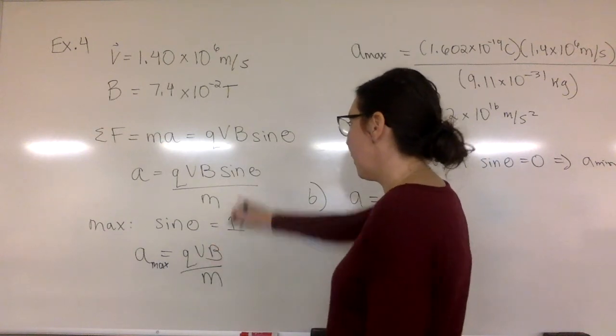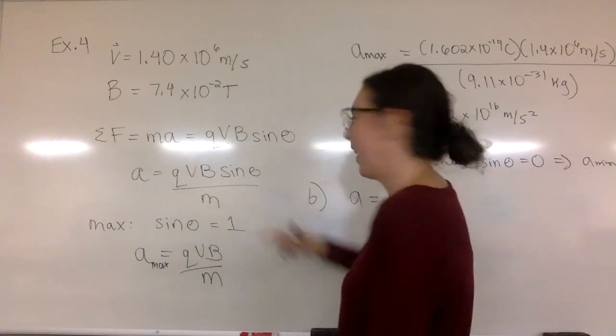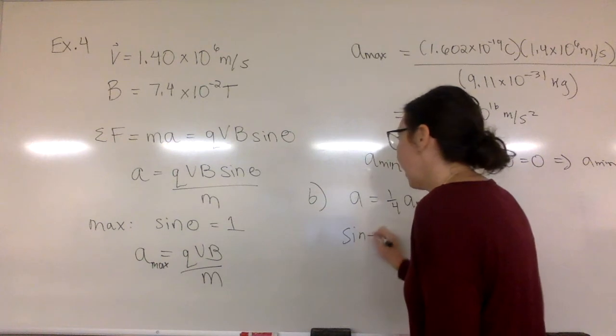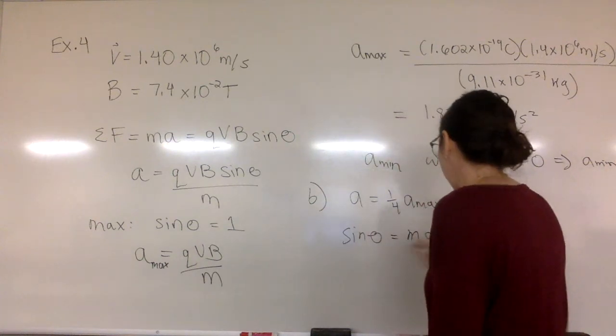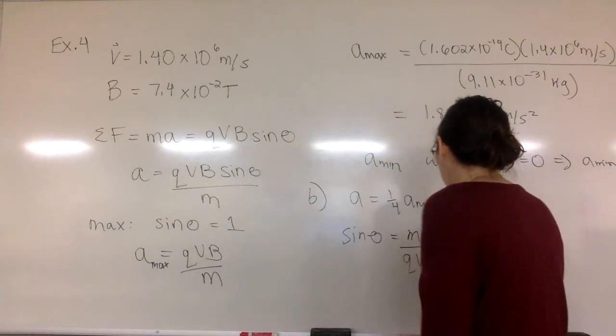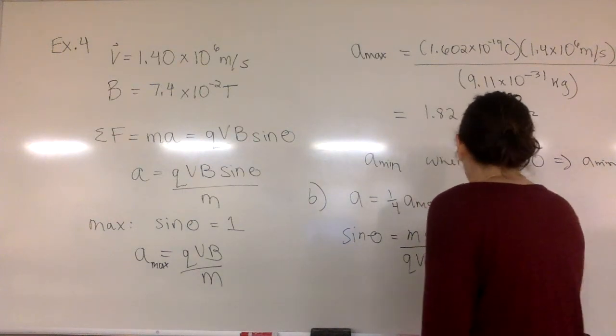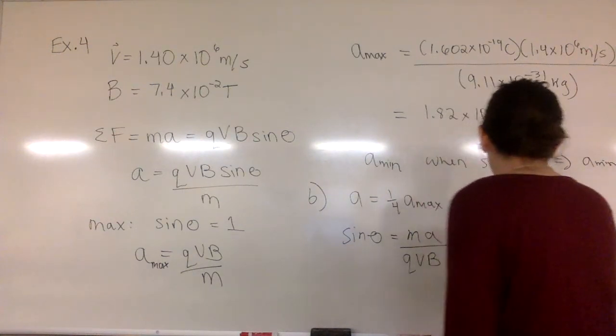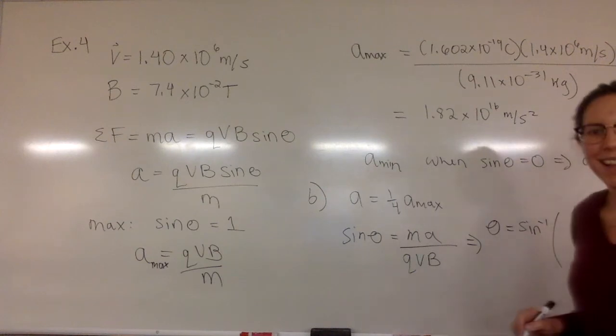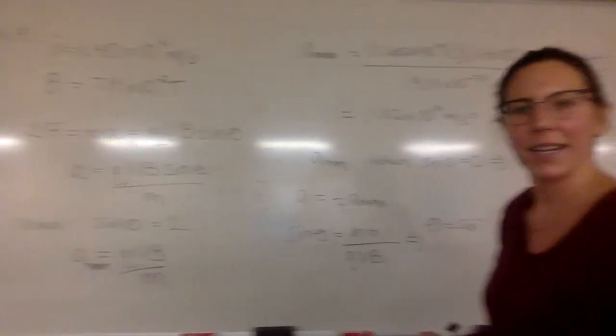And using this, we can solve for sine theta. So sine theta equals ma over qvB. So theta is sine inverse, and I'll plug in the numbers here.